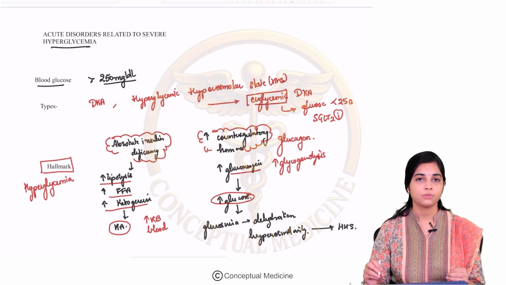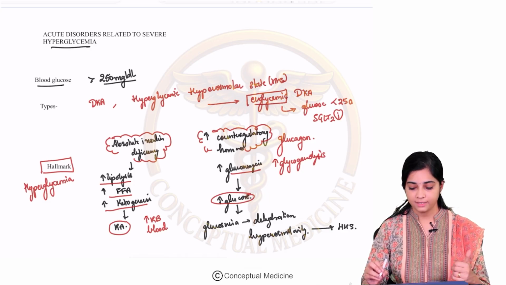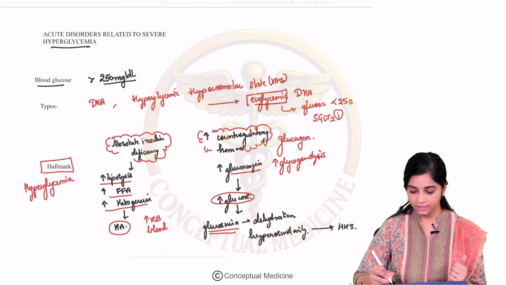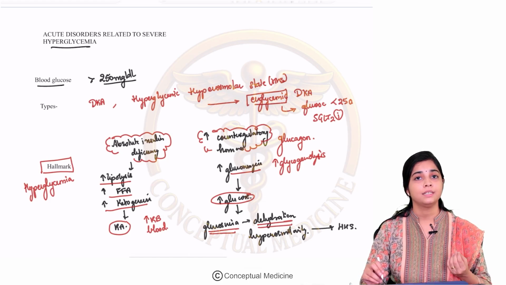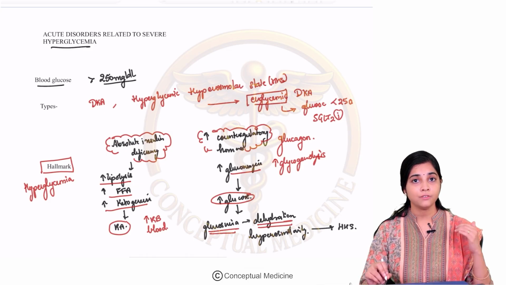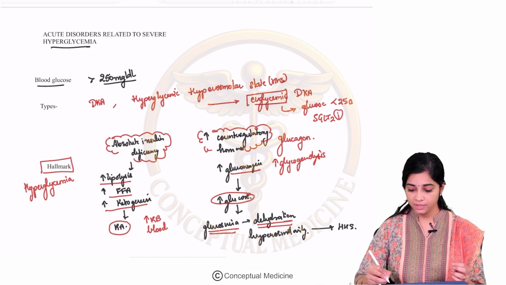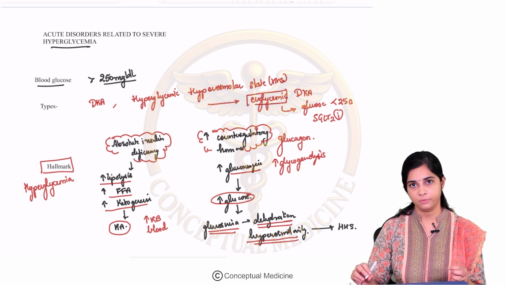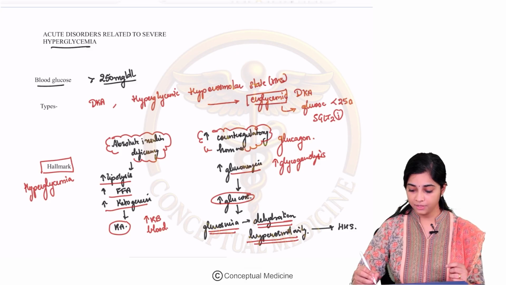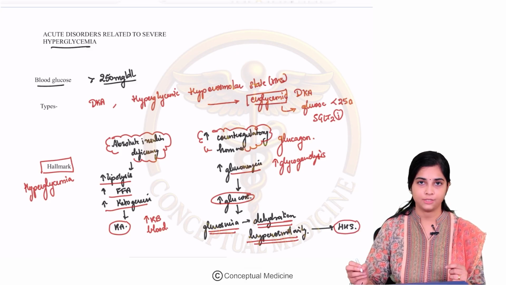This increased glucose acts as an osmotic substance, and there is glucosuria and dehydration. If this dehydration is too much, then the serum osmolarity can increase and there will be hyperosmolarity. This hyperosmolarity results in HHS.